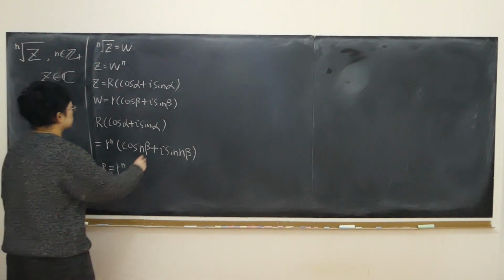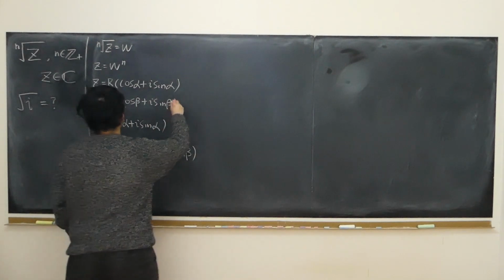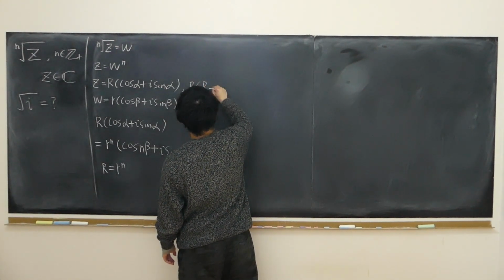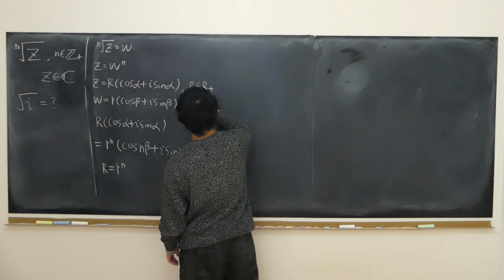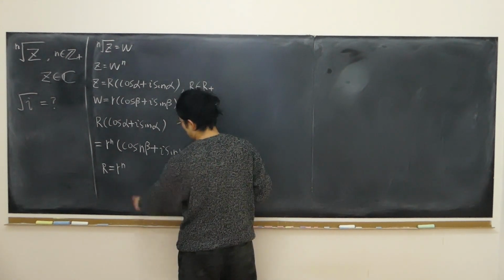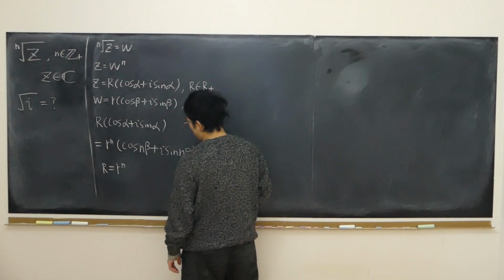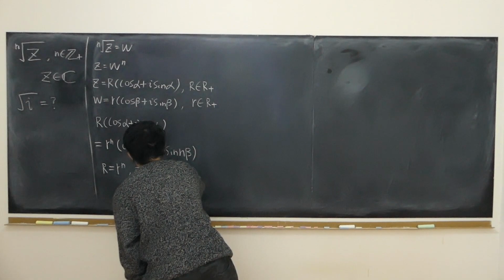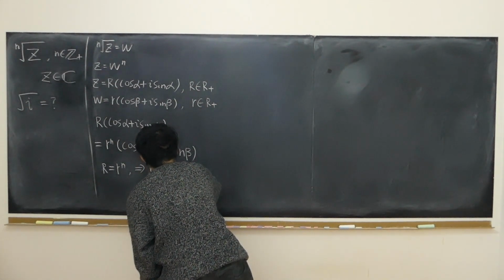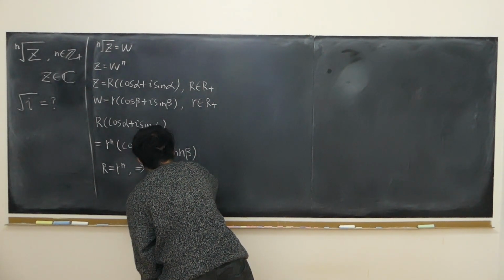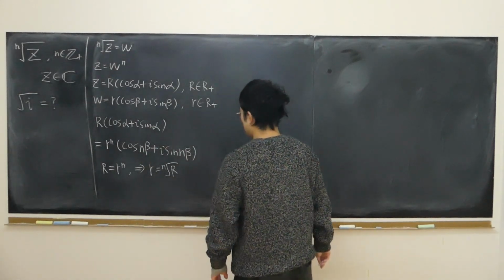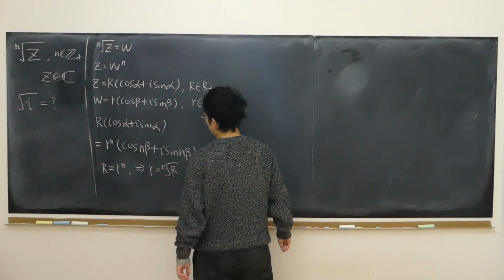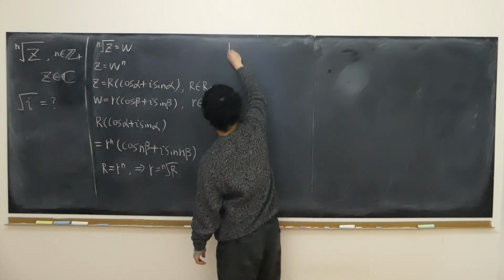So first of all, little r is the nth root of capital R. And the angles should be equal to each other correspondingly as well.